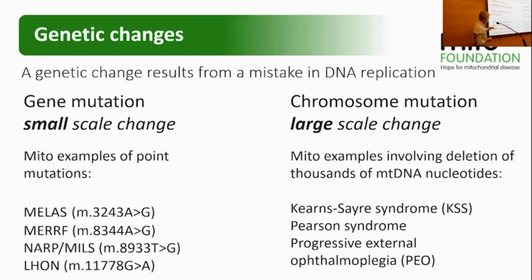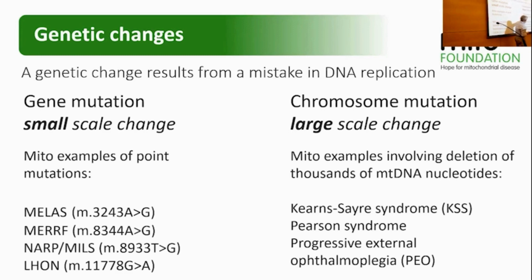Similarly, the most common mutation in MERRF is m.8344A>G, again a single letter change, and likewise in NARP, or maternally inherited Leigh syndrome, and Leber's hereditary optic neuropathy. They're one single letter changing, and typically they can either change a protein or interfere with how well the proteins are made.